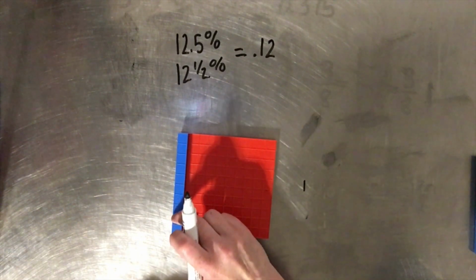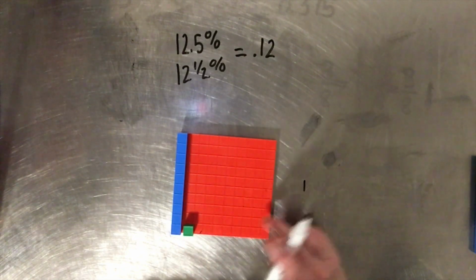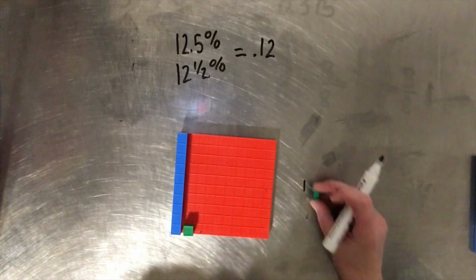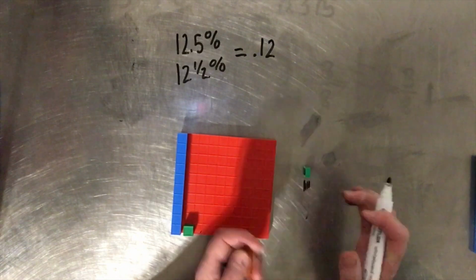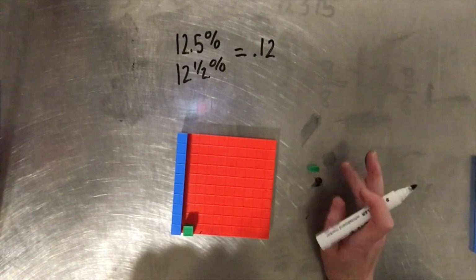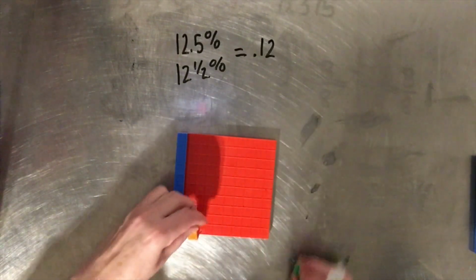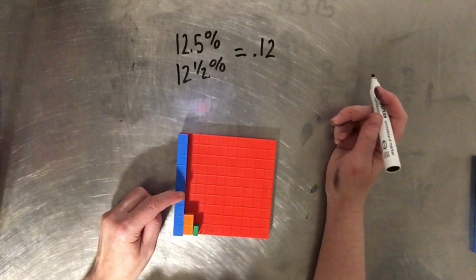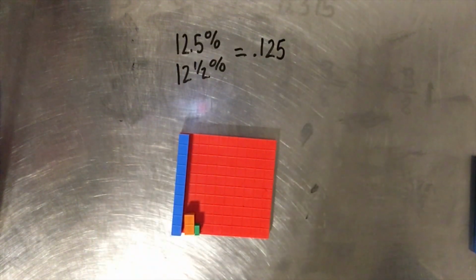So 10 of those fit into this, 100 of these fit into this, and 1,000 of those fit into this. But because I don't have any of those little blocks, this is 5 of them. It represents 5 of them. Gotta squish them together. I can't draw them small enough on the desk, but there's 5 thousandths in there. So when you turn this to a decimal, you have 1/10, 2/100ths, and 5 thousandths.